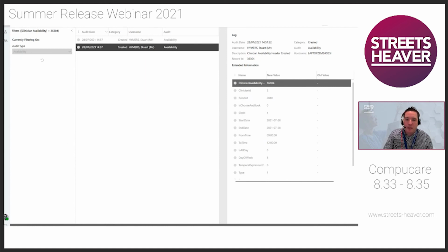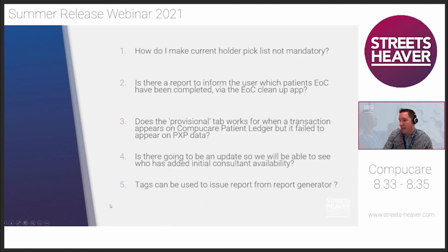And so looking at the last question on here, can tags be used to issue a report from the Report Generator? No, they can't at the moment in terms of the columns that we distribute. That's probably something that we might want to close a little gap on. In terms of the SQL queries that we write, yes, these are held in the table and could be queried out.